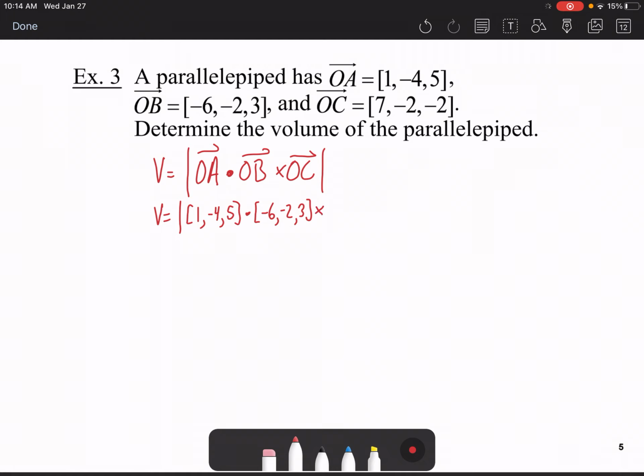It'll work out to be the same thing. So I'd encourage you guys to now pause this and work this out for yourself and verify your answer after you're done. Okay, so now that you've done that, I'm going to work out the cross product here, of course, first.